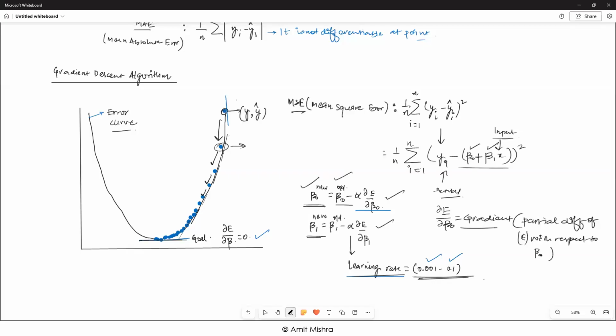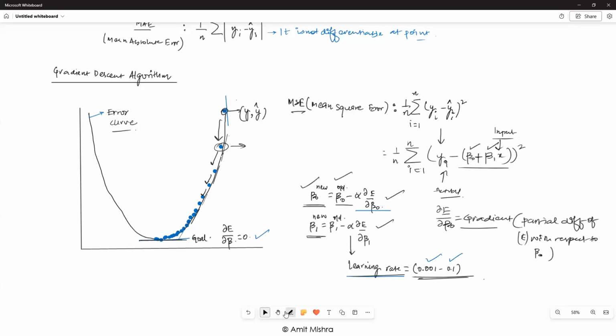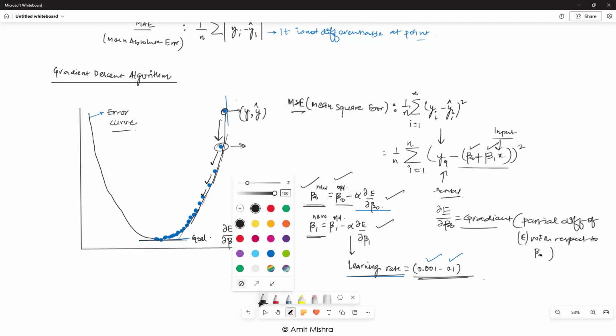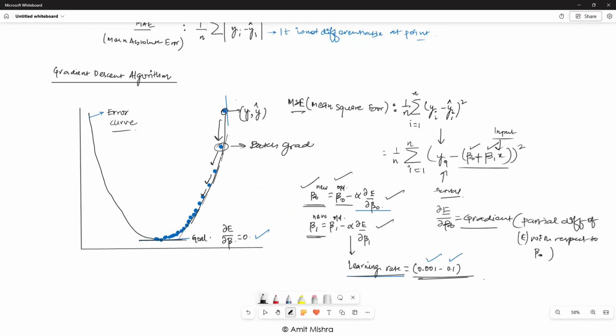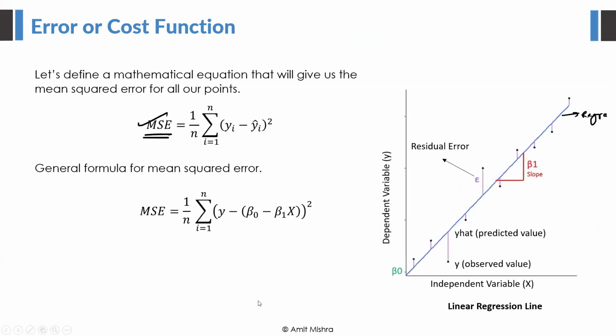It is not an individual error that it is trying to cater to, but it minimizes the overall error, and hence this is known as batch gradient descent, because it has to minimize the overall error. Okay. That's all. This is all about it.